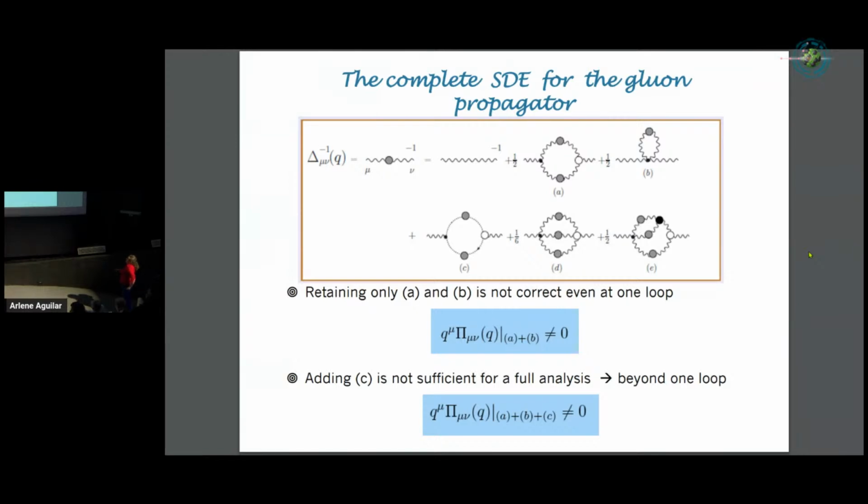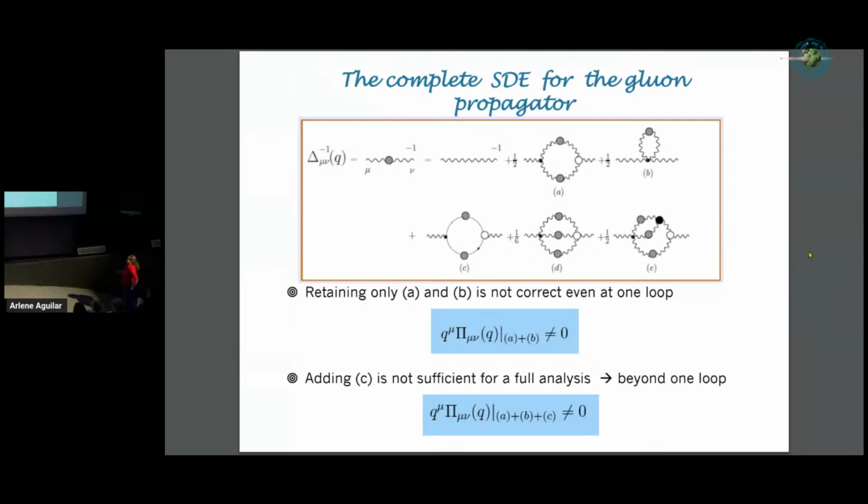Let's suppose I just keep diagrams A and B, and neglect C, D, and E. What happens? This is not even true at one loop, because at one loop the ghost loop should be included to have the self-energy transverse. So if I don't include C at one loop, this is not going to be satisfied.